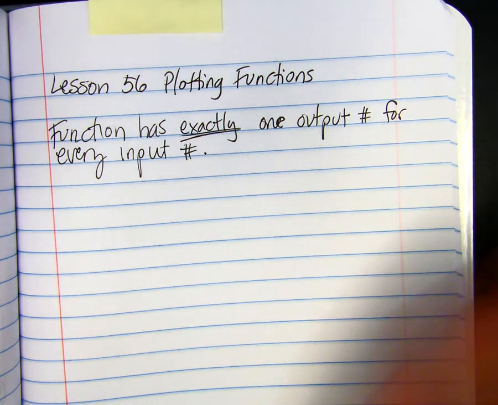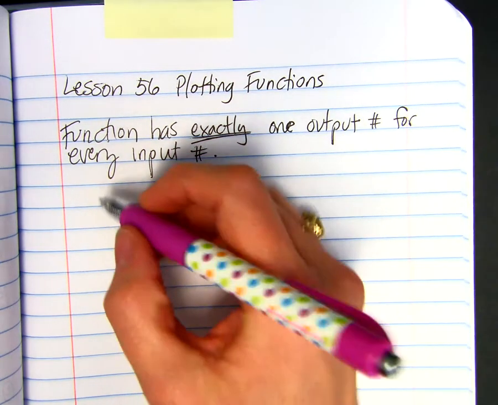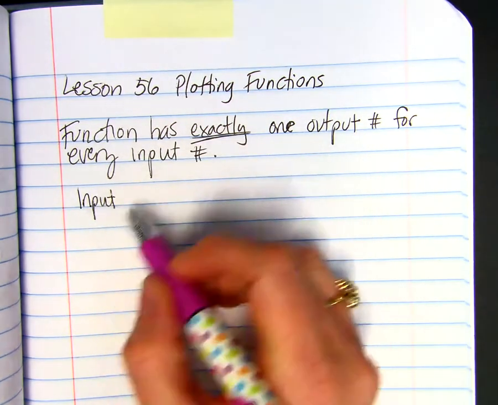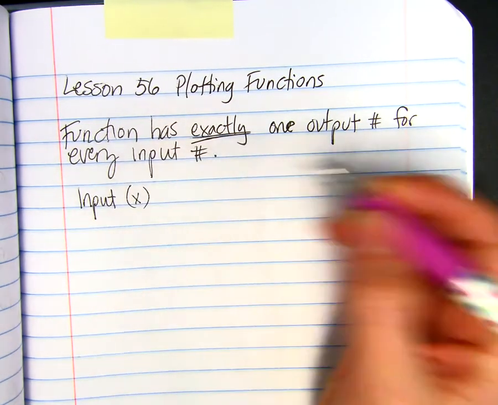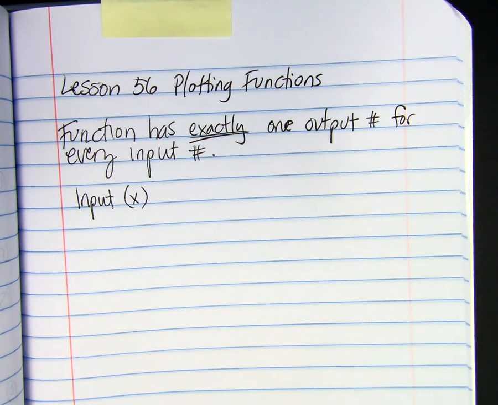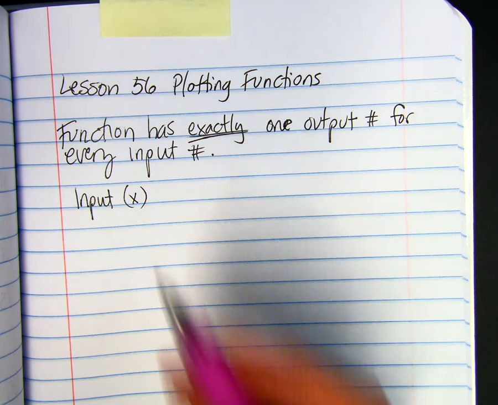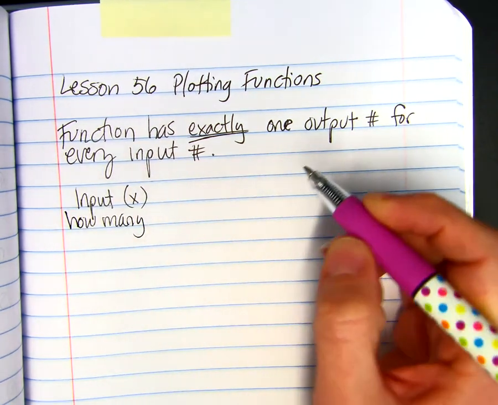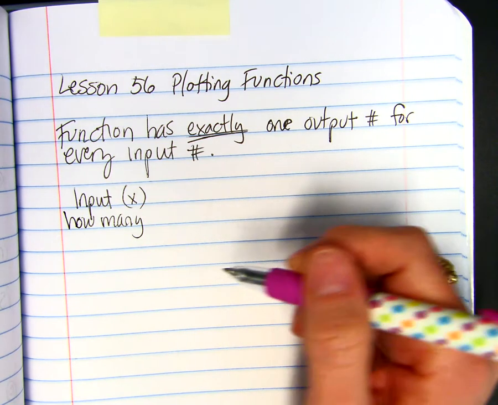So let's say we're going to draw a table. Our input is usually our x value when we're graphing, and this is how many you can buy. We have to think of something that costs $4 each.